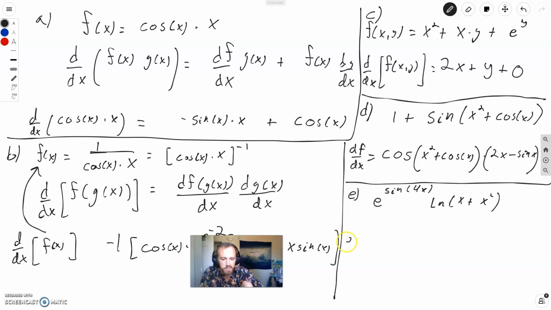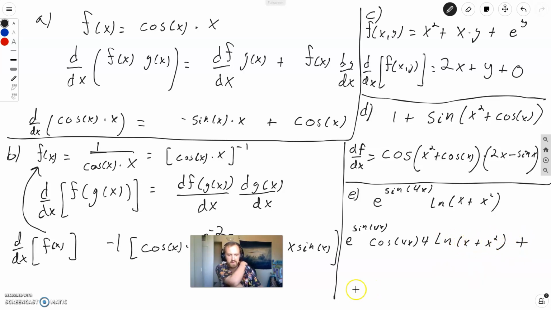With the derivatives of these exponentials, you're always going to get a term like this, the special thing with the exponential. And then I have to multiply by the derivative of the inside. The derivative of the inside is cosine of 4x. Now I have to multiply by the derivative of this inside, which is 4. And then I still have natural log of x plus x squared.